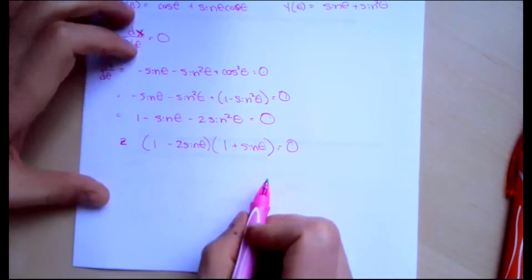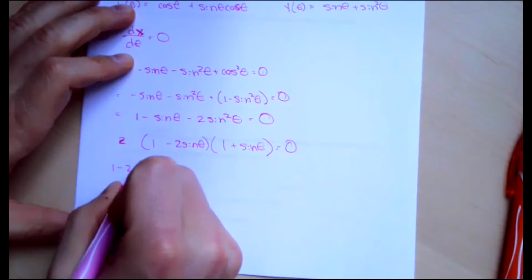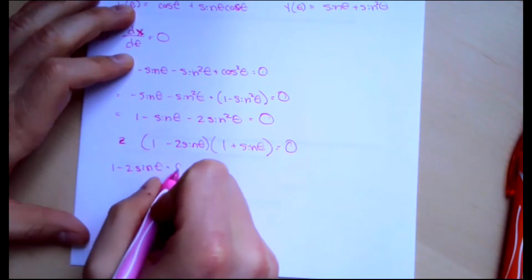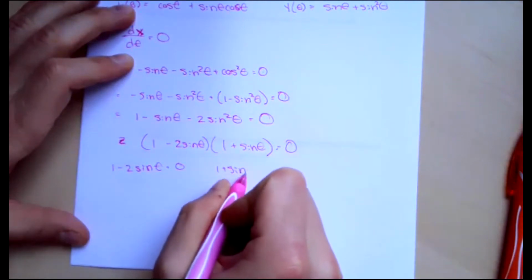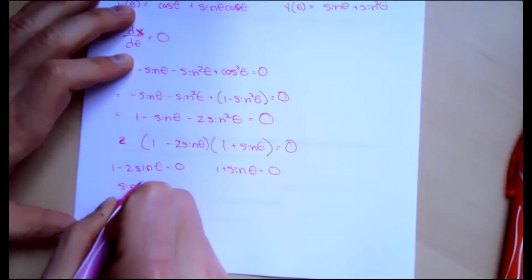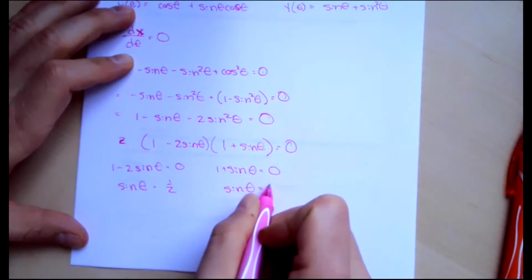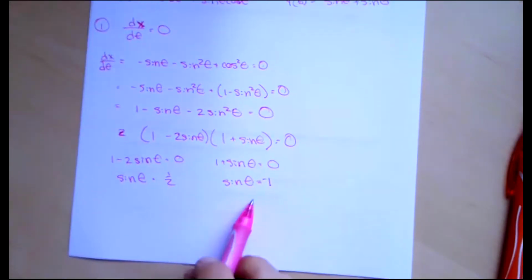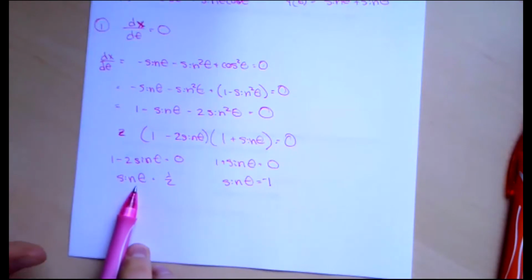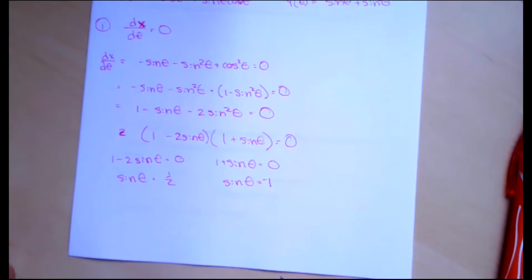So it's easily factorable, and then we just solve from there. Set each one equal to 0. So sine theta is minus 1, sine theta is 1/2, and then you just pull up your reference trig angles.